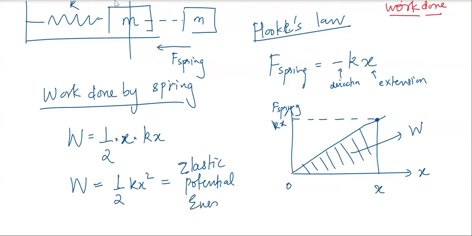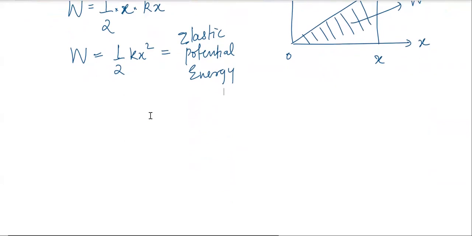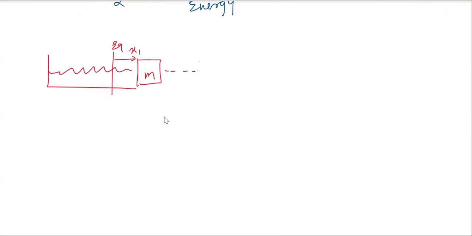potential energy. But one more thing we need to remember about this phenomenon: imagine this spring is already away from the equilibrium. It has some extension x1. Now somebody pulled this even more, creating an overall extension of x2.